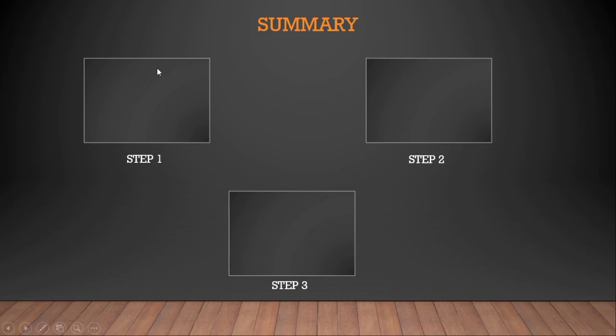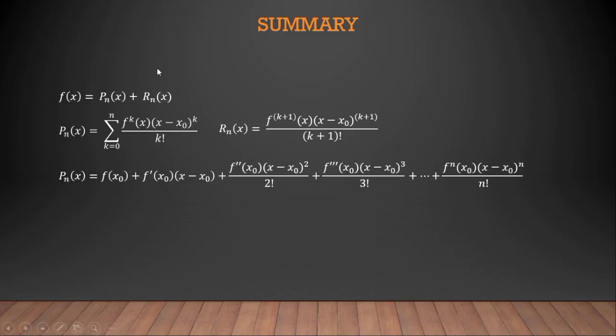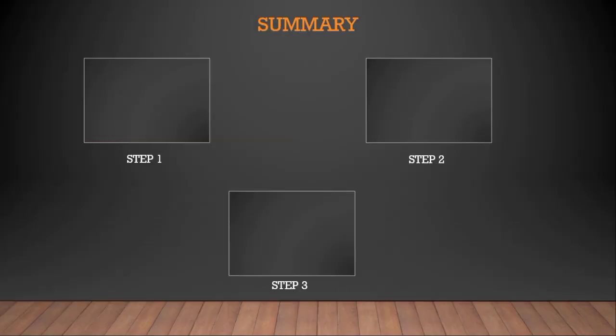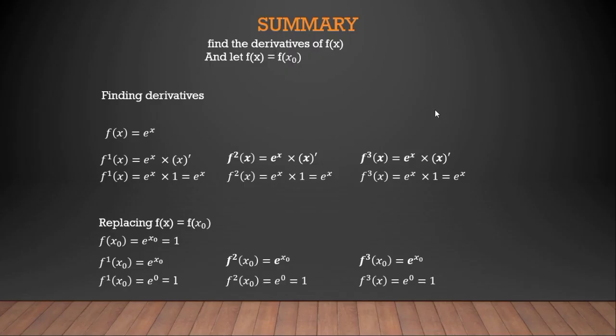So we have step 1, where we have our formula here, right? This is very important, and you need to be able to understand this formula and grasp the concepts of it, right? So step 1, knowing the formula. Step 2, you find the derivatives of f of x, and then evaluate at x naught.